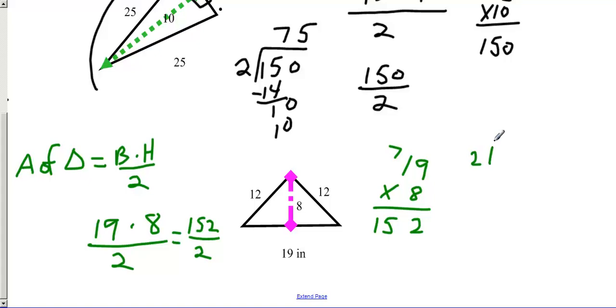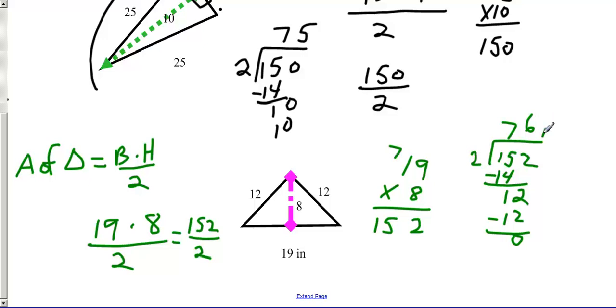So now I need to cut 152 in half. No problem. 2 goes into 15 7 times. 7 times 2 is 14. Subtract. 15 minus 14 is 1. Bring down the 2. 2 goes into 12 6 times. 6 times 2 is 12. 0. So my answer is 76 inches squared.